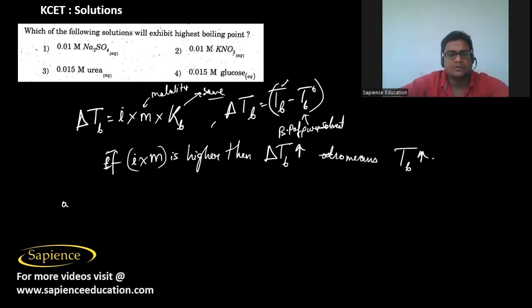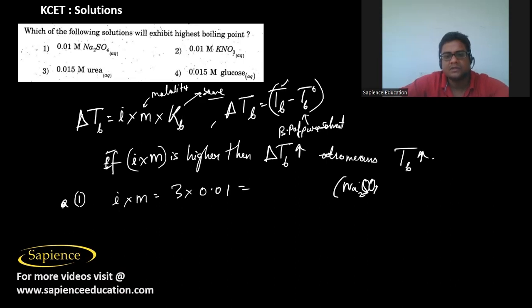For option 1, i into m will be 3 into 0.01, since sodium sulfate gives 3 ions in the solution, 2 Na plus ions and 1 sulfate ion. So it will be 0.03.